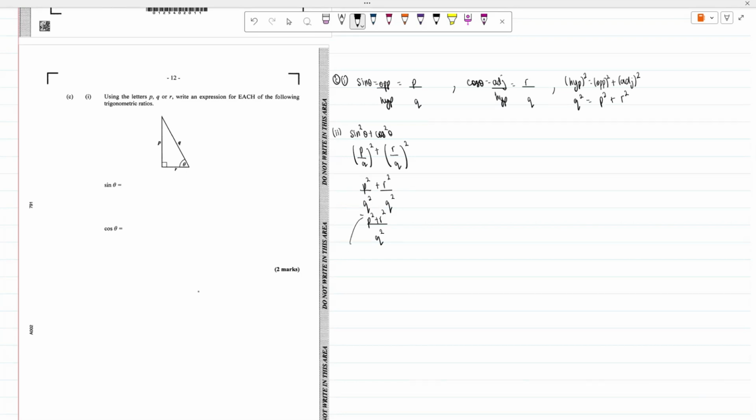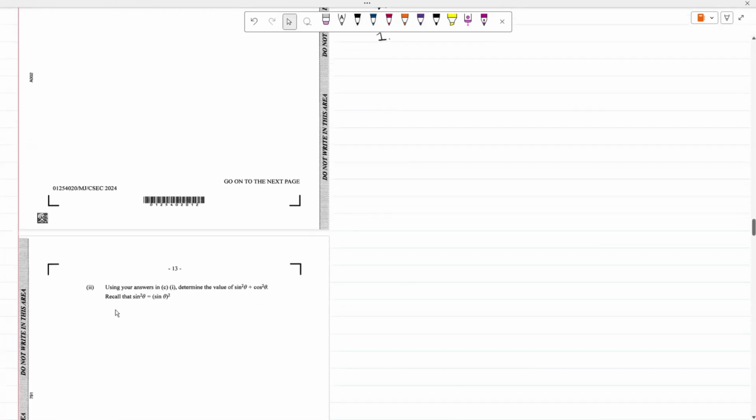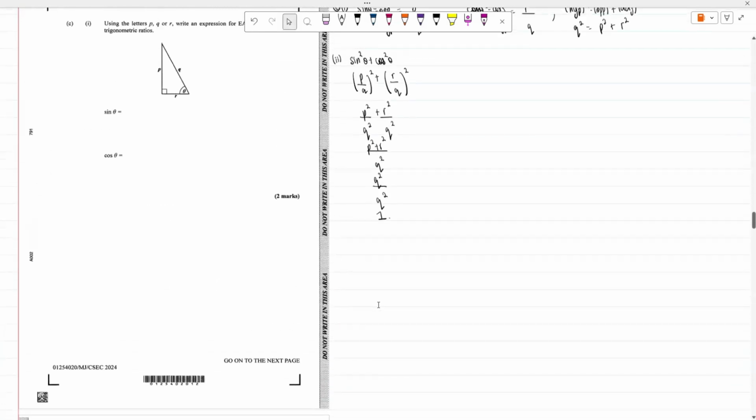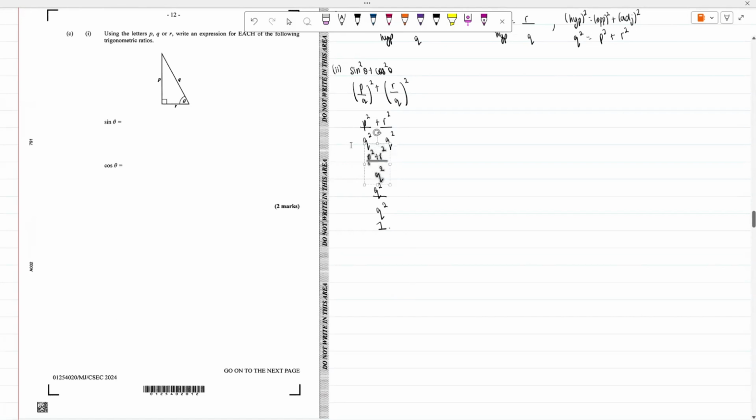I have P squared plus R squared on the numerator, so this is actually Q squared over Q squared, which is 1. Now, they didn't say to go so far because they just said using your answers in C part 1. So you could have stopped at P squared plus R squared on Q squared. That is sine squared theta plus cos squared theta. Take it a step further. Distinction. Cool?